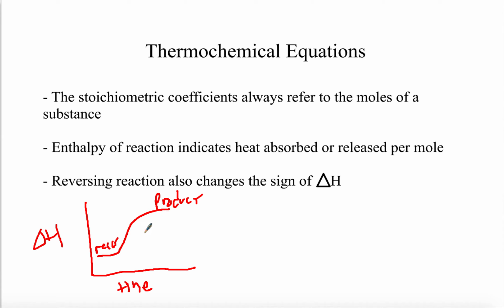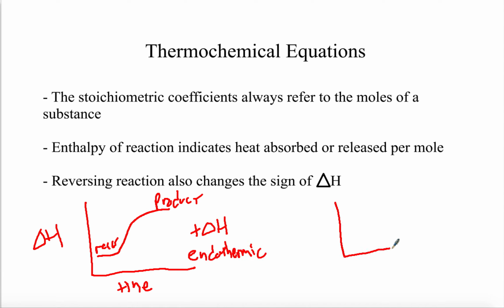Because there was a gain in the delta H, the product is now larger than the reactant. We would indicate that this has a positive delta H, because the products have a higher enthalpy than the reactants. So this would be what's called an endothermic curve.